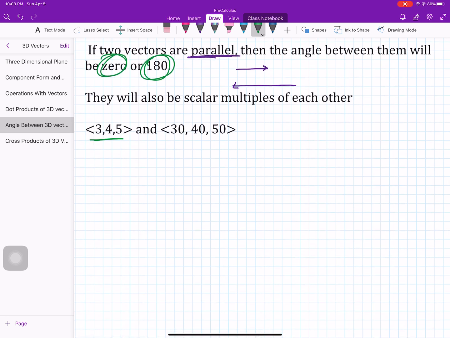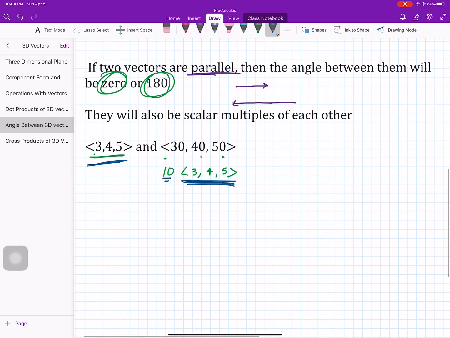So if you look at this vector 3, 4, 5, and 30, 40, 50, the second vector here is just 10 times 3, 4, 5. So since this vector is going to be moving in the same direction, x, y, and z, that the original vector is, it's just going to be 10 times as long. So these two vectors would be parallel.